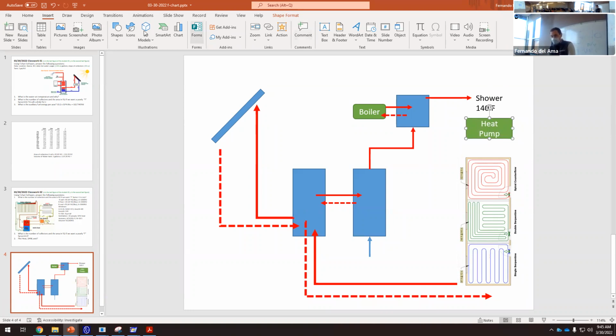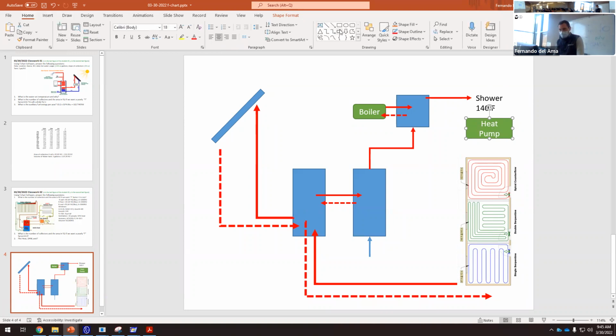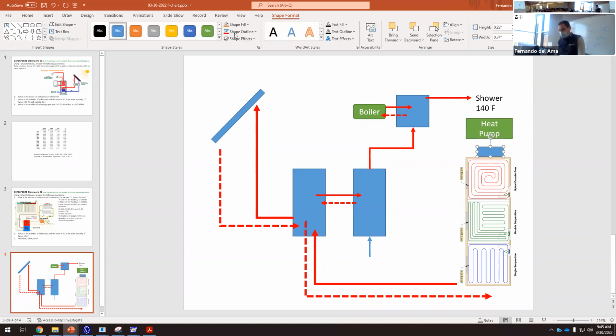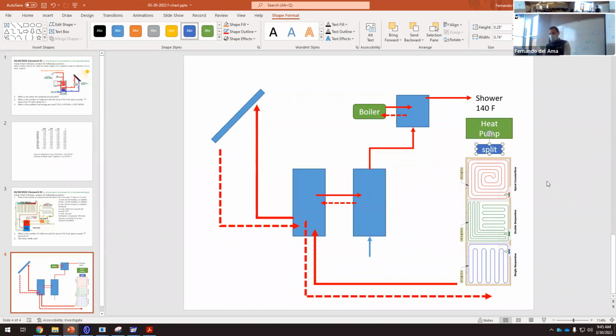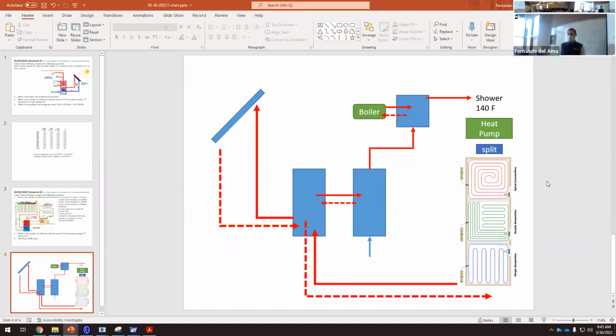And this heat pump can be connected to a split unit. An indoor split unit. Okay.